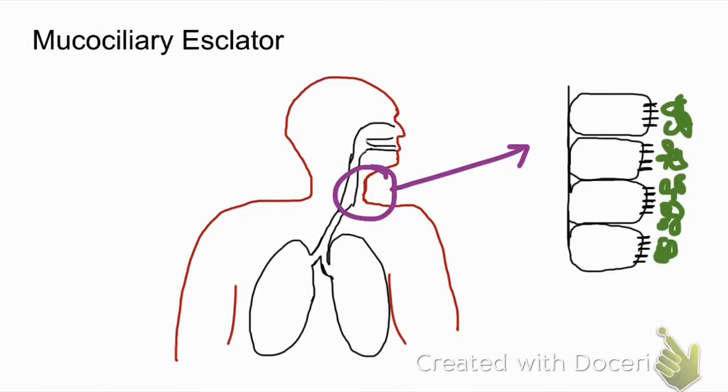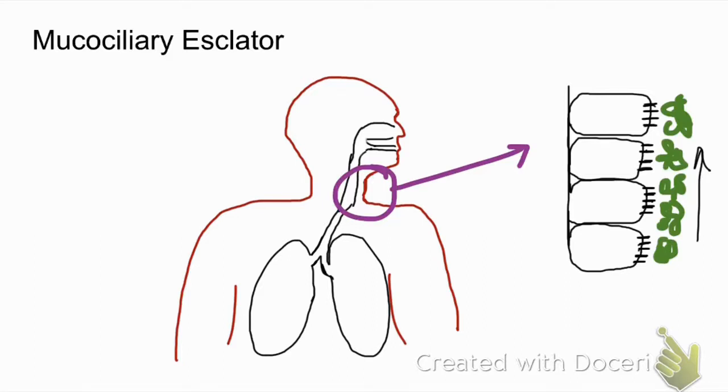And the role of the cilia is to move the mucus, which is shown in green, up and out of the trachea. Now, in individuals who have cystic fibrosis, what we may find is that this mucus may be so thick that it cannot be moved up and out of the lungs. And so the mucociliary escalator is in part inhibited in its function in that case.